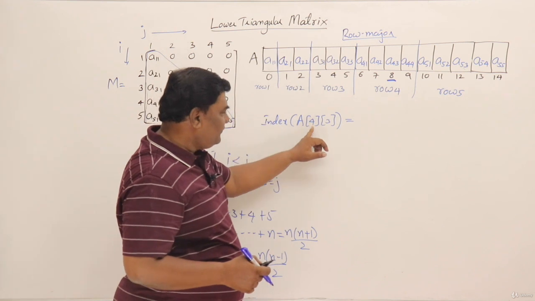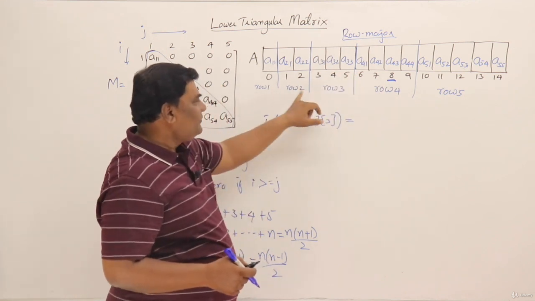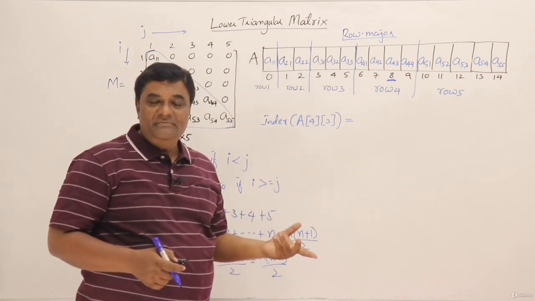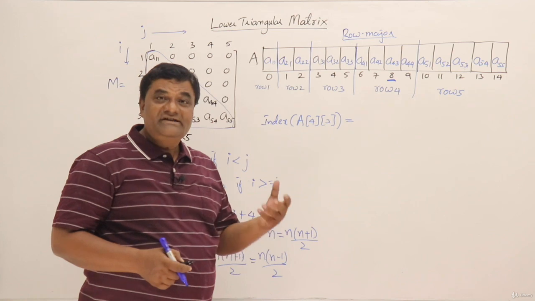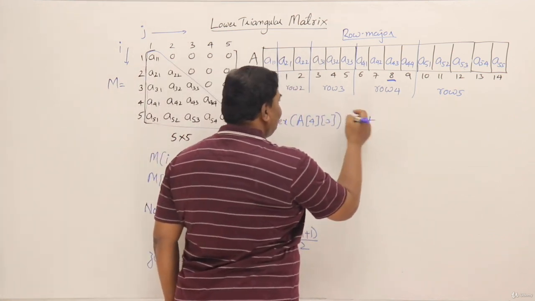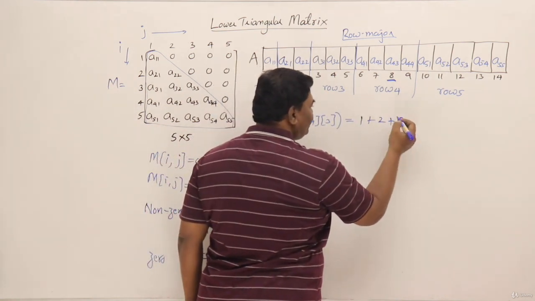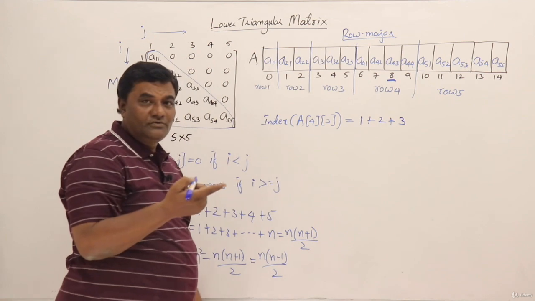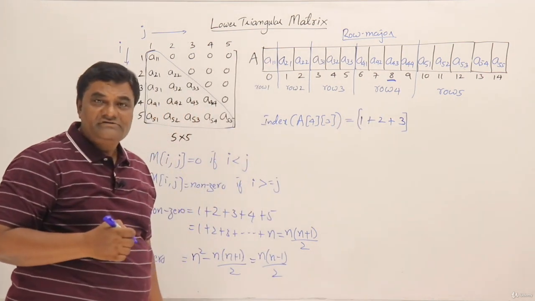See, this element is in the 4th row. So this will come after 3 rows. So I have to skip 3 rows. The first row has just 1 element, the second row has 2 elements, and the third row has 3 elements. So I have skipped 3 rows.